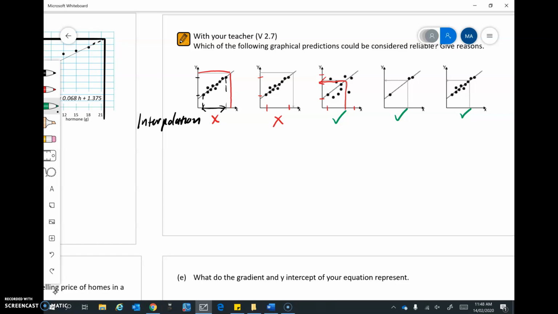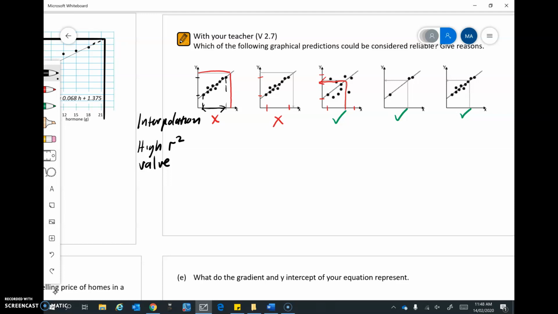Now the next thing we look for is a high R squared value. Remember that's our coefficient of determination. If that has a high value, then we can consider our predictions to be reliable, given that all the other conditions are met.